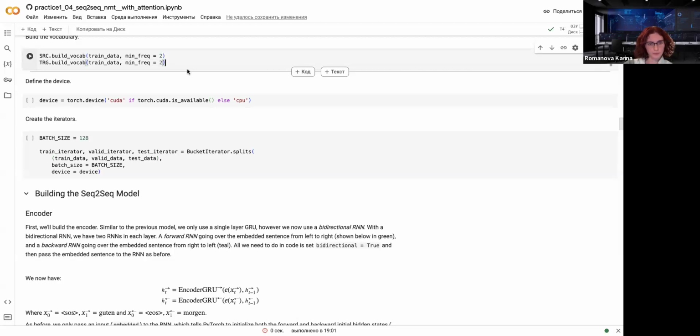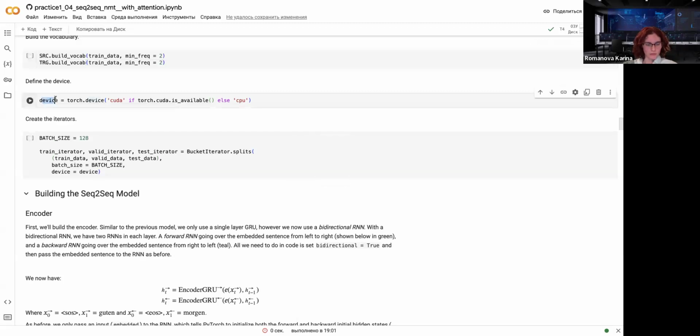And then we have here some code parts with the device that we can use. We check if a GPU is available and use it for computations to speed up training. If a GPU is not available, we fall back to the CPU.